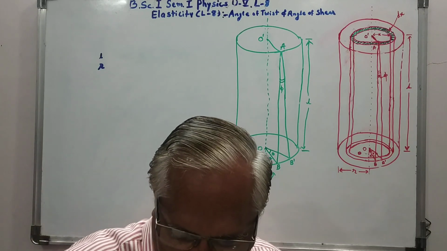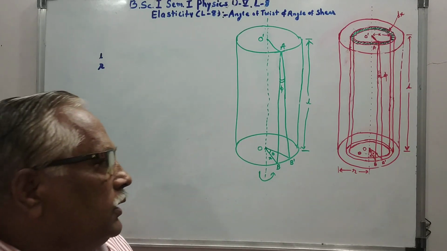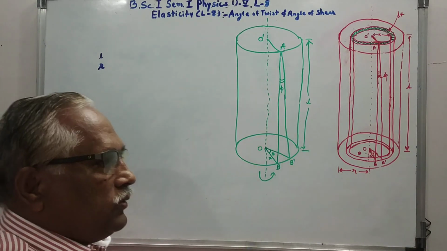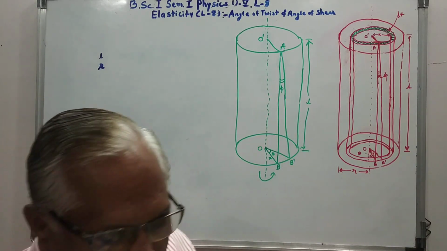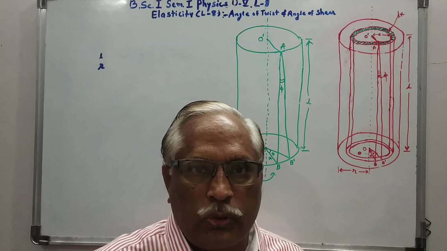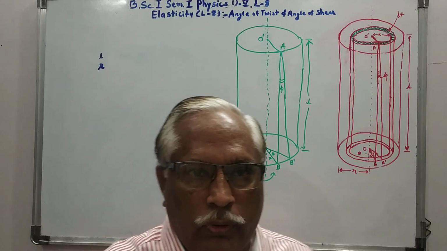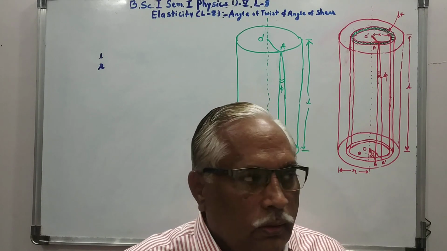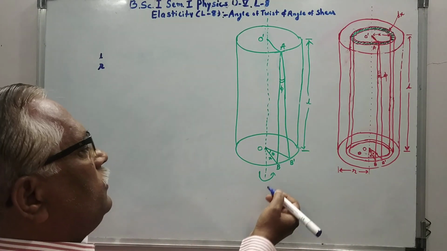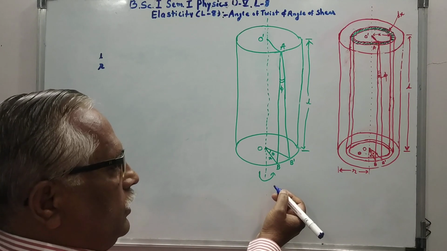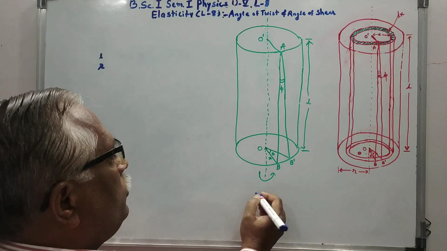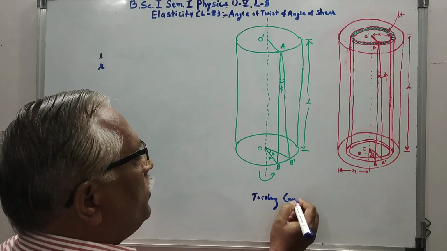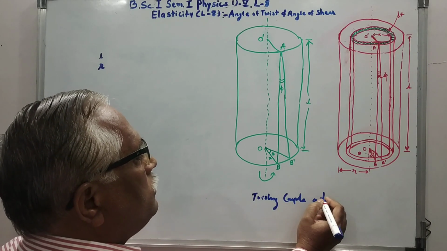In this case, due to the elasticity of the material of the rod or the cylinder, a restoring couple will be produced, and this restoring couple is equal and opposite to the twisting couple or torque.